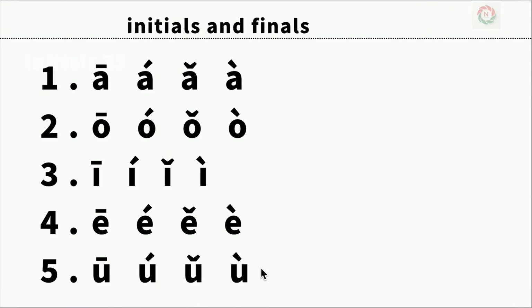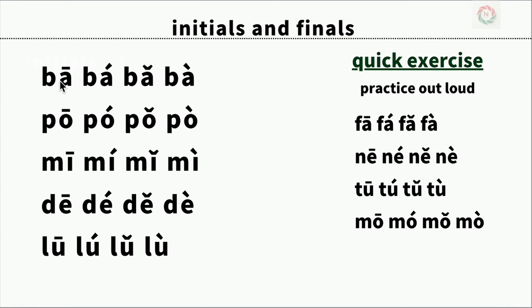Feichang hao, feichang hao, good job. Let's move on to the next pronunciation drills. So the combination: ba, ba, ba, ba.